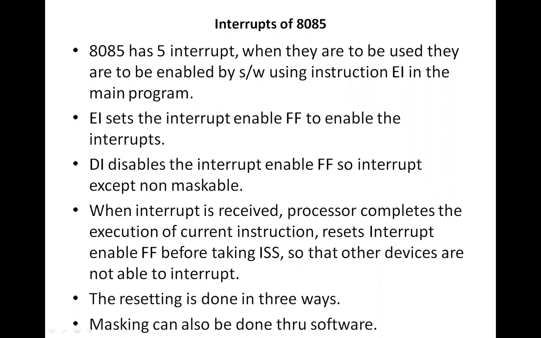They can be delayed; the processing of those interrupts can be delayed. And even though we can mask the individual interrupt line also, this masking can be done through the program or the instruction. So this is the detail about the interrupts which are used in 8085.